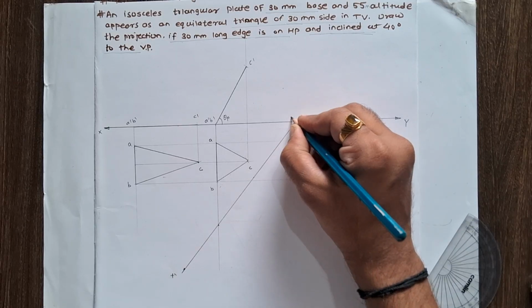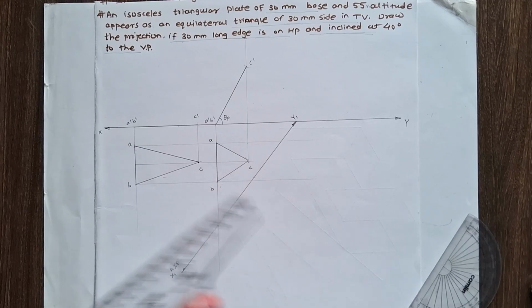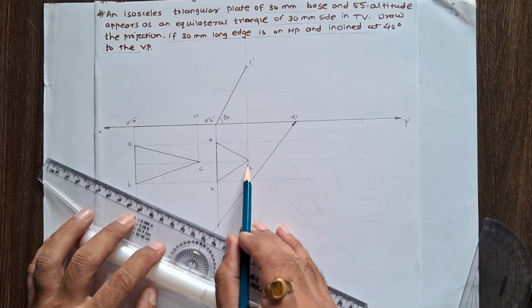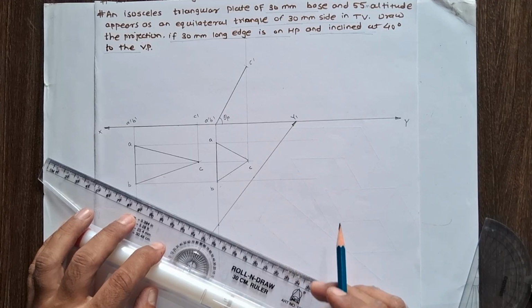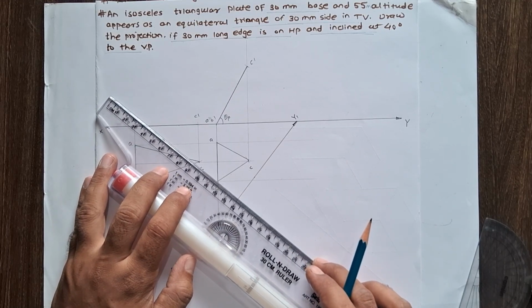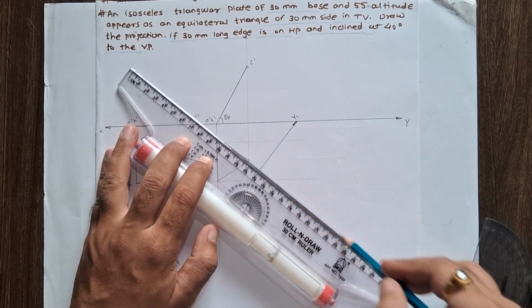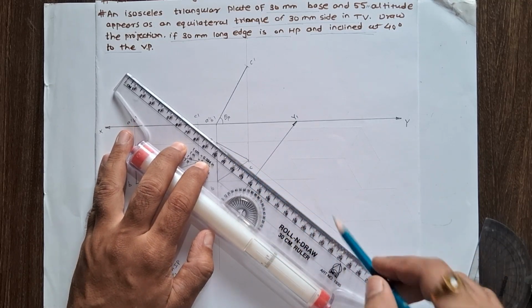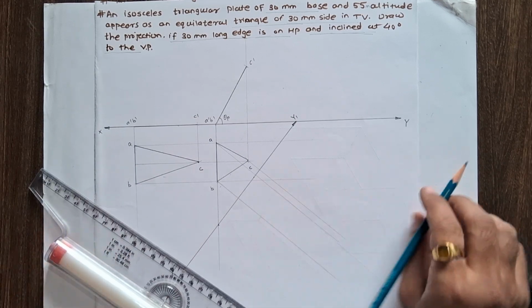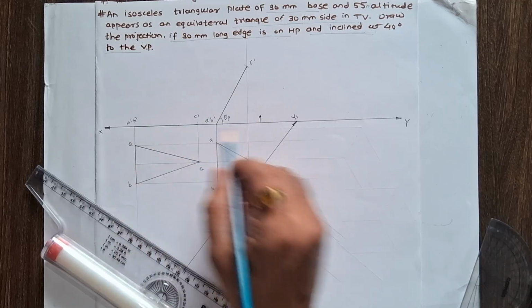This plane is called an auxiliary inclined plane. Now for the final view, take a perpendicular projection in front of the new x1 y1 plane. So take the projections.